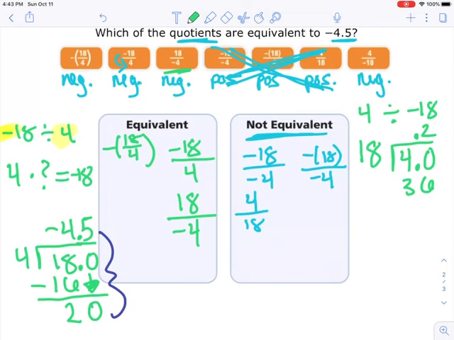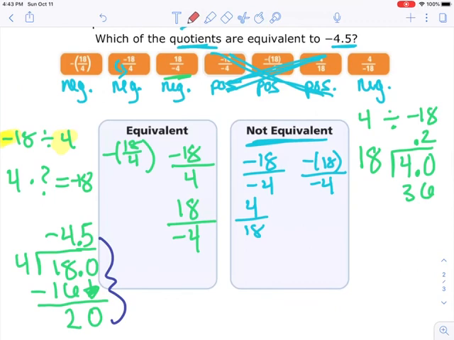I can actually stop myself here though, because if you guys notice, our answer was 4 wholes, 4.5. I don't even have a whole here. I have a 0.2 something because I haven't actually finished out my problem. So right off the bat, I can already tell myself I don't even need to finish this division problem because I know that there's no wholes. It's not anywhere near close to my answer. So 4 divided by negative 18 is not equivalent.